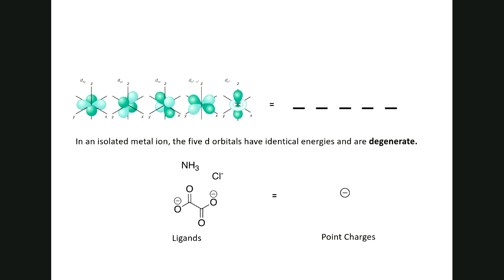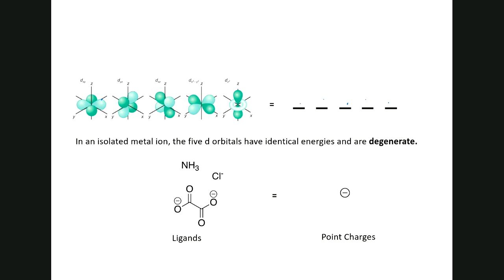We're going to represent all 5 of the d orbitals by 5 lines, and they're going to be degenerate. If I have an isolated metal ion, all of its d orbitals are going to have the same energy, they're going to be degenerate.